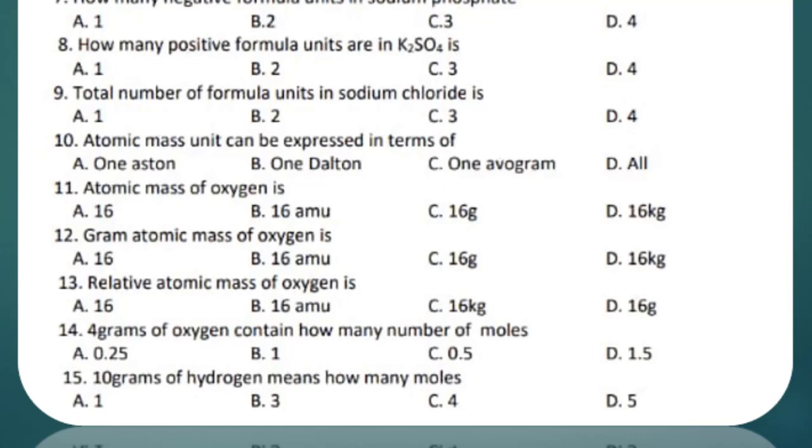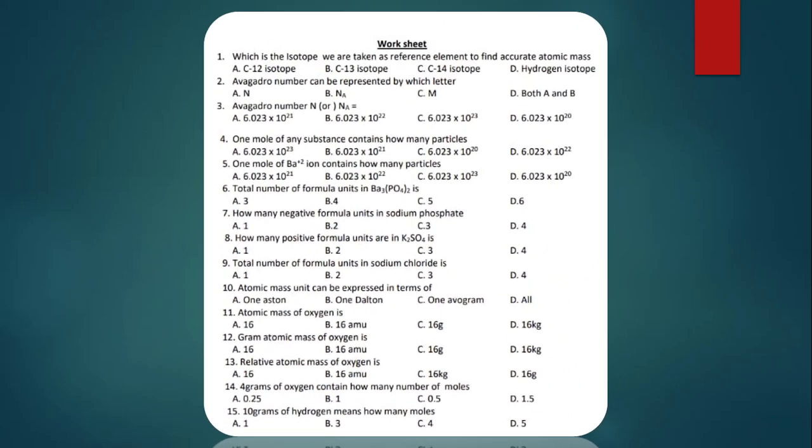Now next, 4 grams of oxygen contain how many moles? Children, we already know the relative atomic mass of oxygen is 16. It means 16 gram of oxygen contains 1 mole.